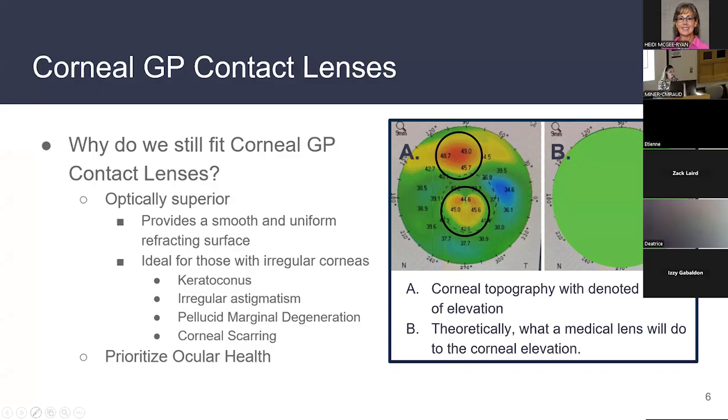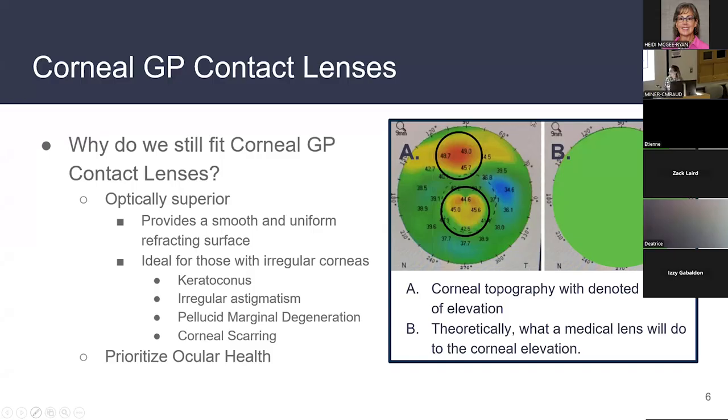If you look here at image A, you can see this is a corneal topography, which highlights areas of elevation on the corneal surface. I've denoted two areas where we have some variations in elevation. The idea behind a corneal gas permeable lens being more firm is that it can create a new spherical surface, so it eliminates those areas of elevation that are causing the blurred vision for the patient.